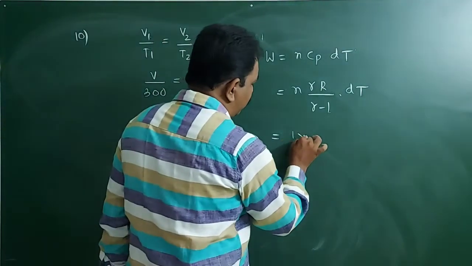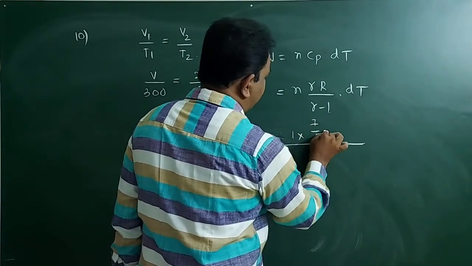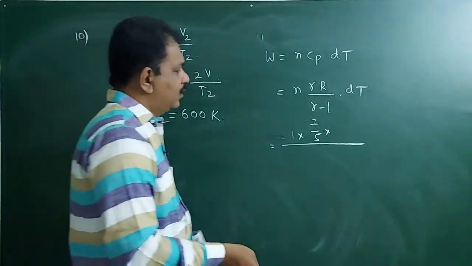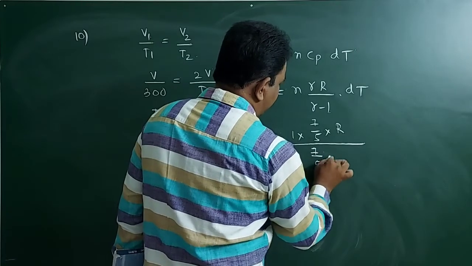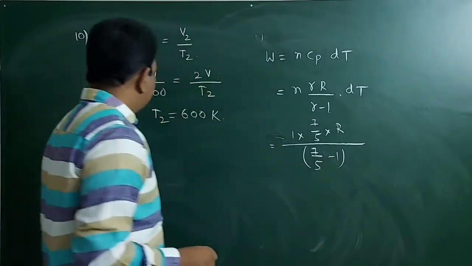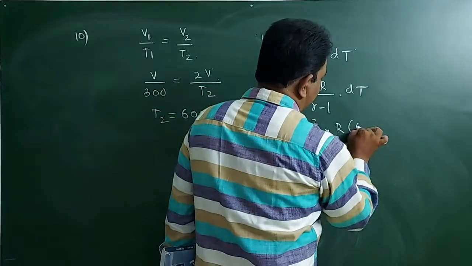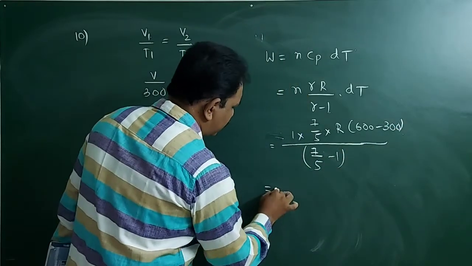Number of moles is 1. The answers are given in R only. So R into 7 by 5 divided by 7 by 5 minus 1, into dT, which is 600 minus 300.